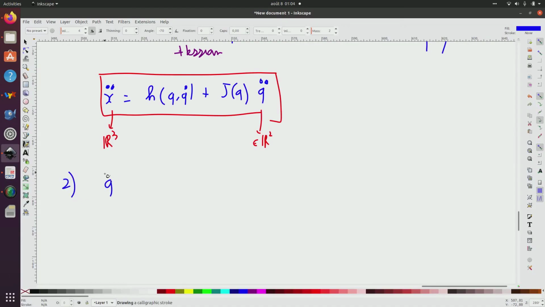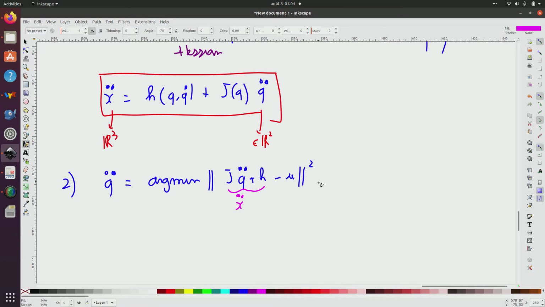The acceleration q dot dot is equal to the argmin of the norm of j q dot dot plus h minus u. So I will take the square, and this corresponds to x dot dot, and I want to minimize this quantity.